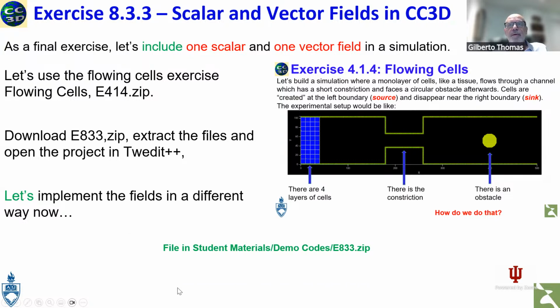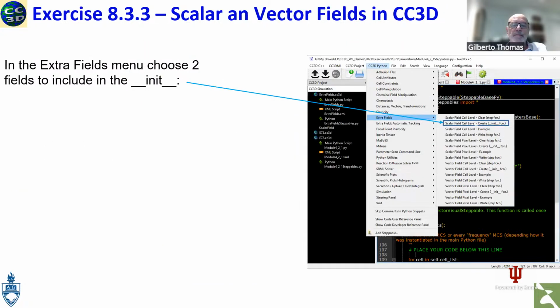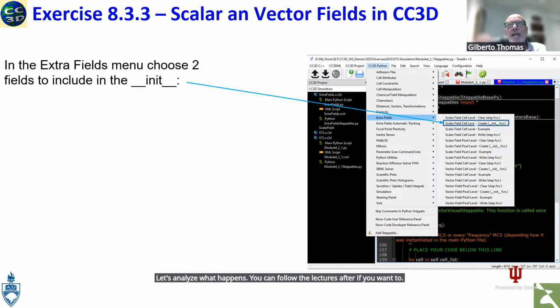In this example, you can download it, please. I'm not going to, to save time. Let's analyze what happens. You can follow the lectures after if you want to. The steps are the same as we created the scalar field and the vector field.